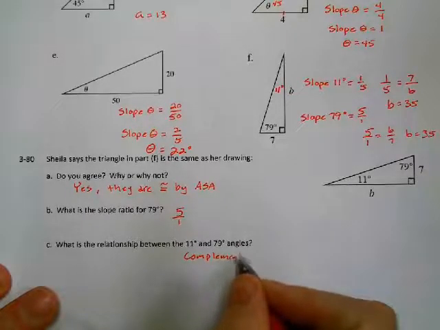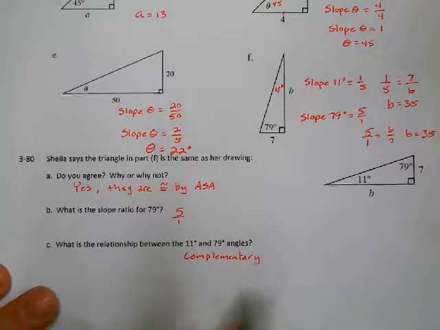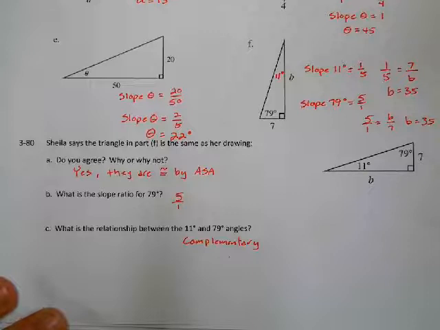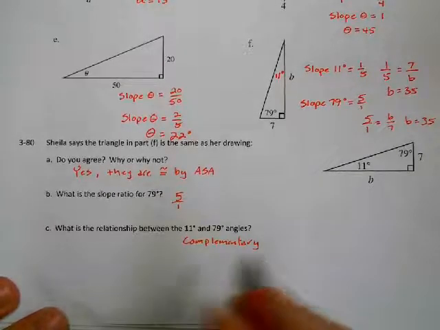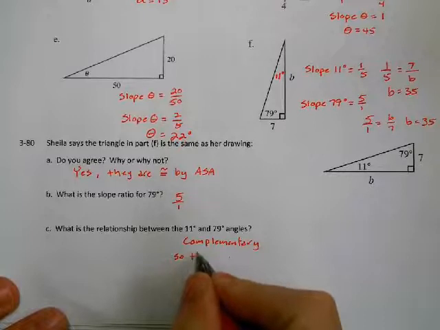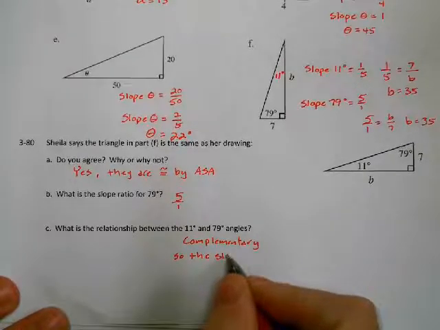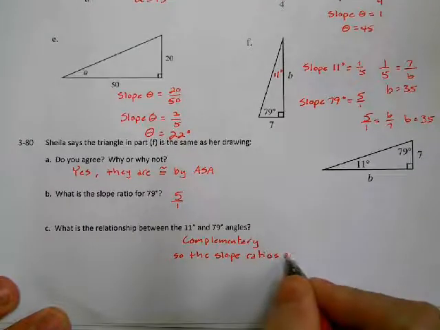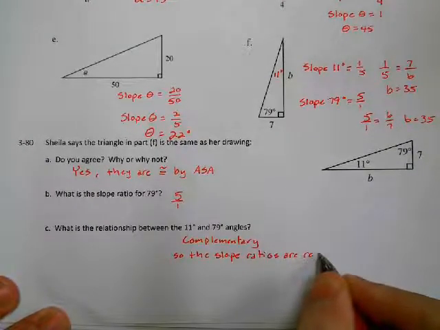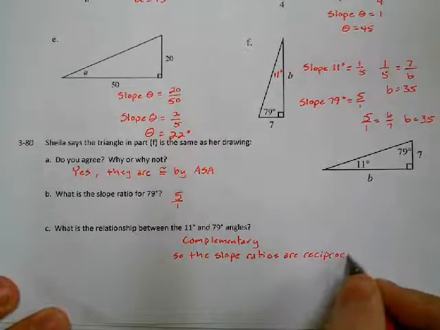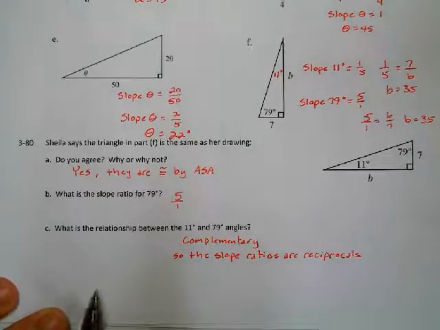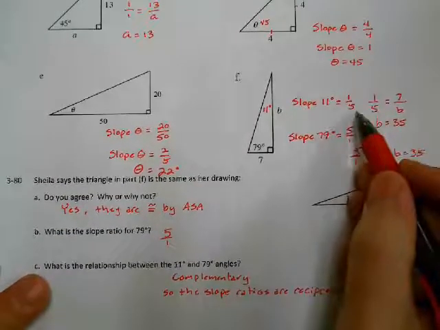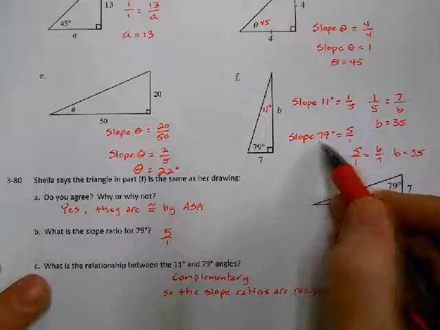And what we were just saying in that last problem is that when we have complementary angles, the slope ratios are reciprocals. Meaning that if I've got the slope of 11 is 1 over 5, the complement would have 5 over 1. And that works every single time.